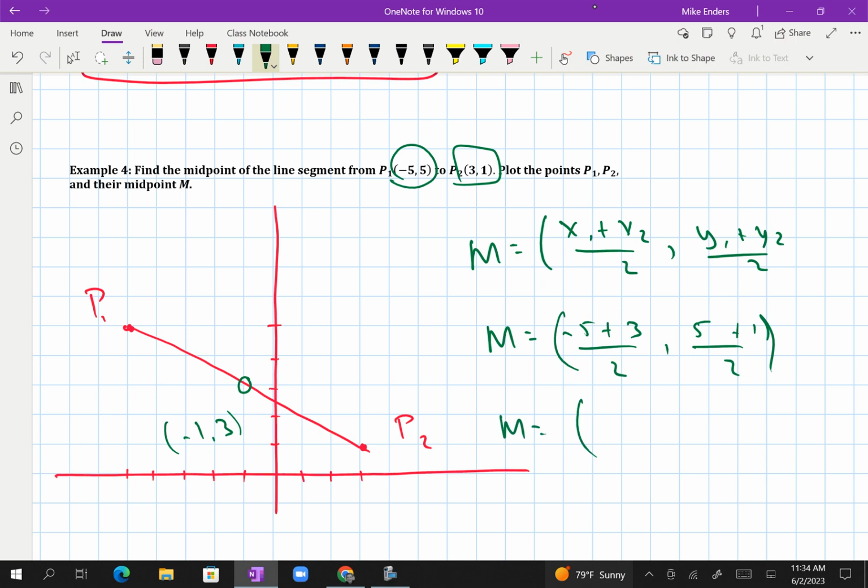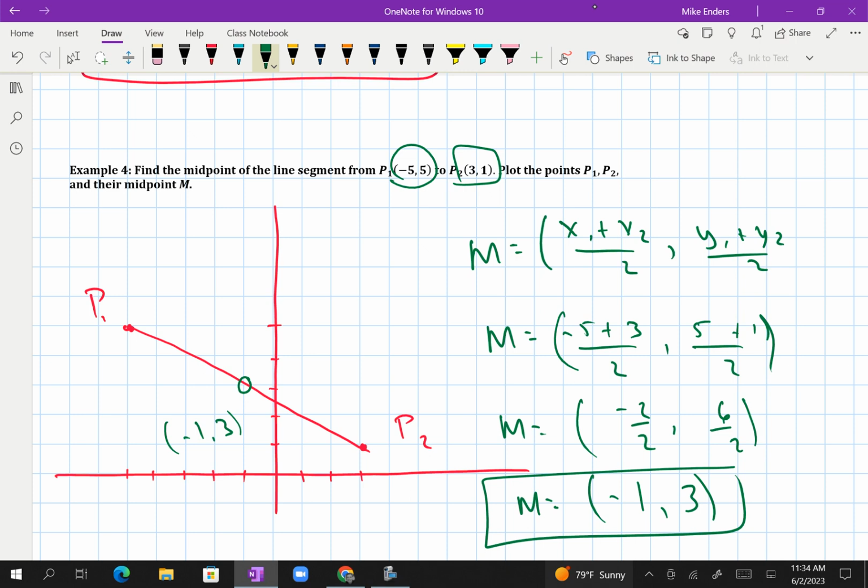So our midpoint, let's see, we end up with negative 5 plus 3 is negative 2 over 2. 5 plus 1 is 6 over 2. So negative 2 over 2 is negative 1. 6 divided by 2 is 3. So our midpoint then is negative 1, 3, which graphically we could have kind of had an idea about where that was, and it happened to work out.